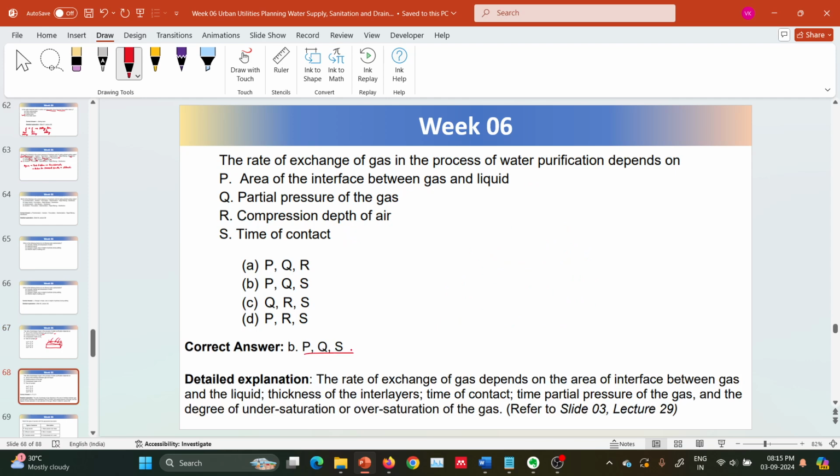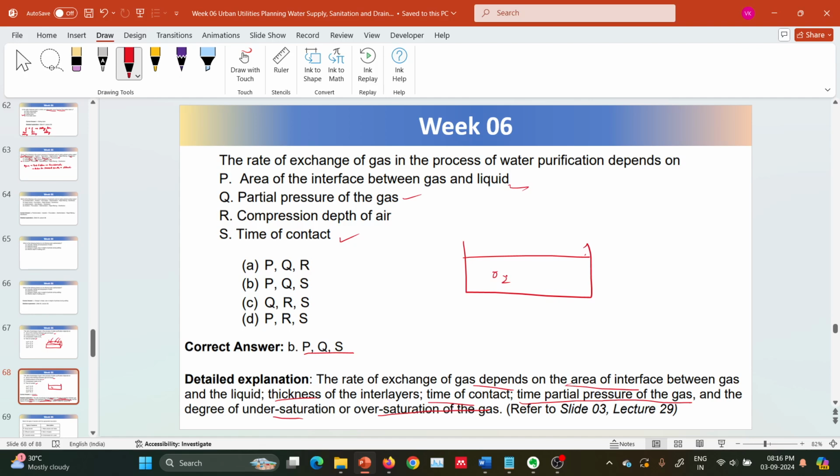Compression depth is not among P, Q, and S. The rate of exchange of gas depends on the area of interface that we discussed, thickness of the interlayers, time of contact, partial pressure of the gas, and degree of undersaturation and oversaturation of the gas. Let's take an example.